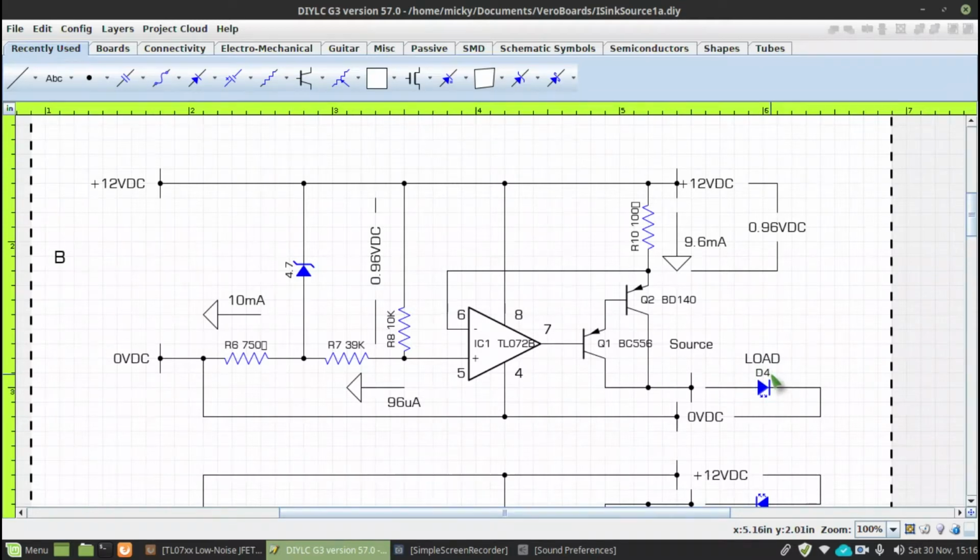If you were to use a resistor, again, the resistor value, if it got too high, is limited by this compliance voltage of plus 12 volts.